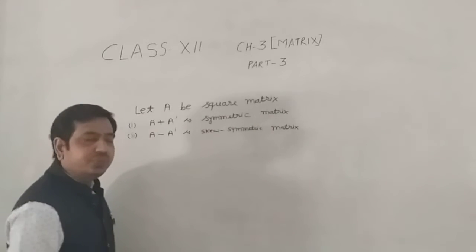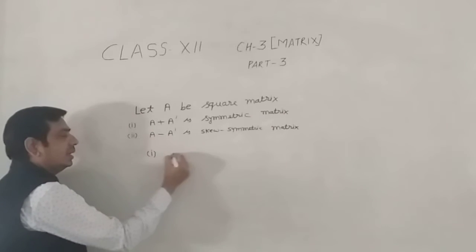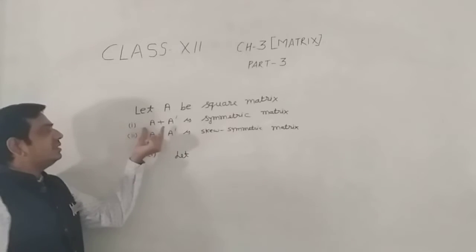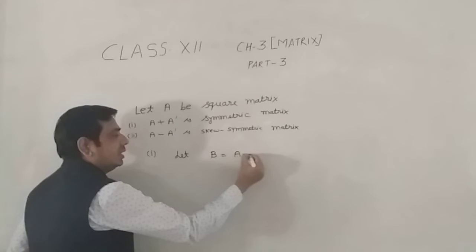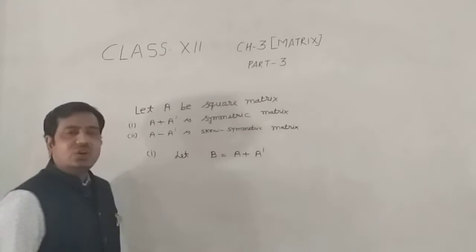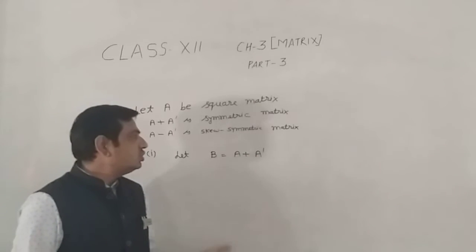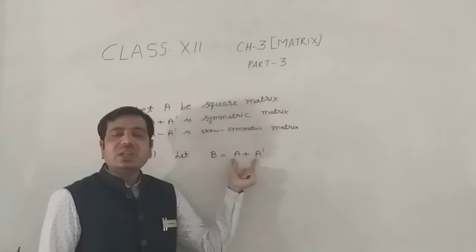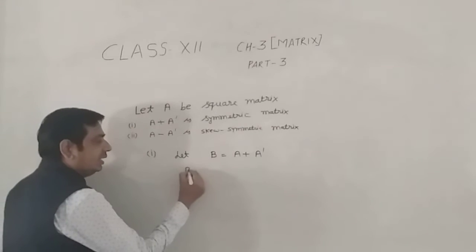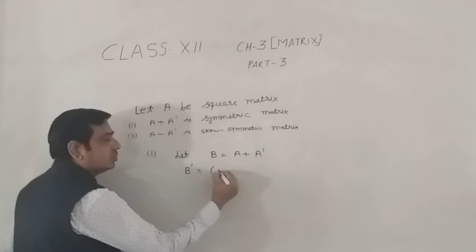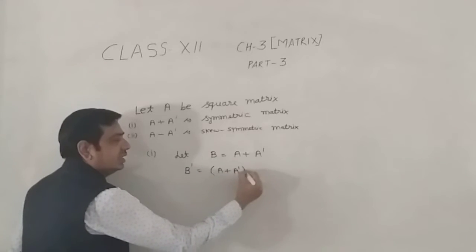Let's take the proof. First, let B be A plus A dash. Now class, in order to check whether it is symmetric or not, we take the transpose. We take the transpose on both sides: B dash is A plus A dash whole dash.